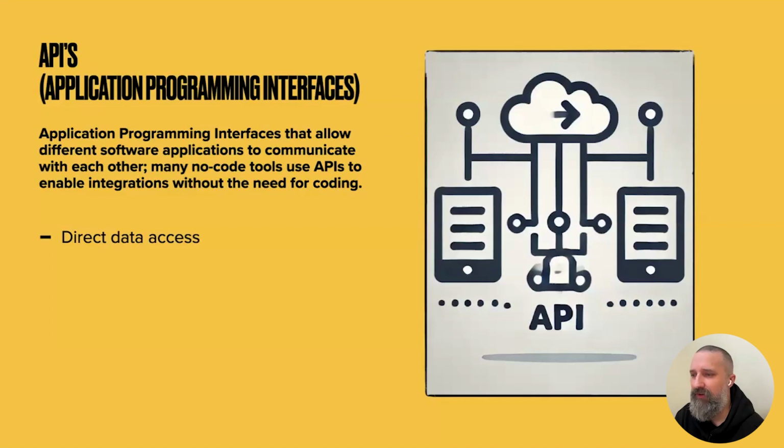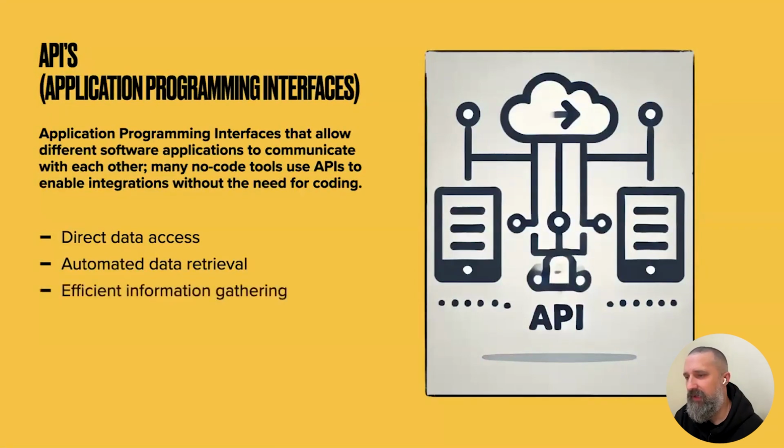APIs allow direct data access, the sharing of data very easily. We can automate data retrieval as opposed to manually retrieving data, and we can gather information in an efficient manner because we can leverage our devices to go out to grab that information and to place it somewhere. And we will look at how to do that.